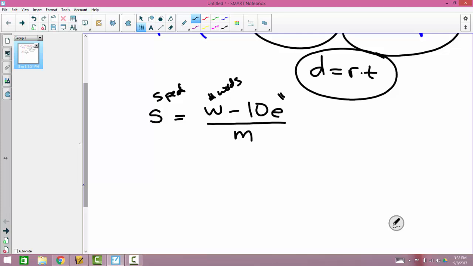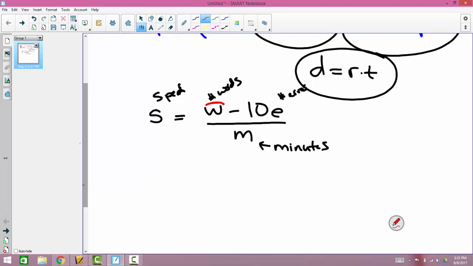E is the number of errors. And M is the number of minutes. Okay, so that's just to help you connect and enjoy that. We could solve for any letter in this. So let's go ahead and solve for W.